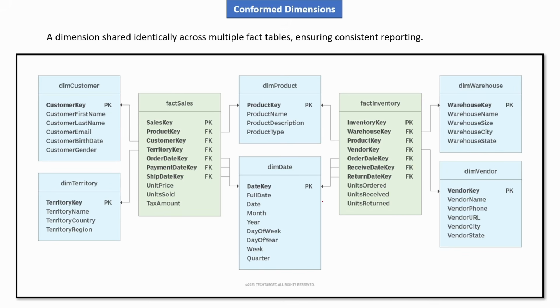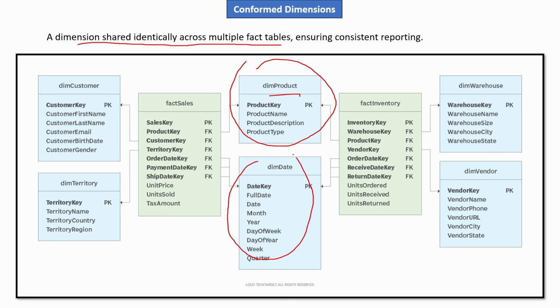See here, guys, dim product is used by multiple facts. So the definition is a dimension shared identically across multiple facts. These kinds of dimensions are known as conformed dimensions. The same dimension is used by multiple facts and multiple departments as well.